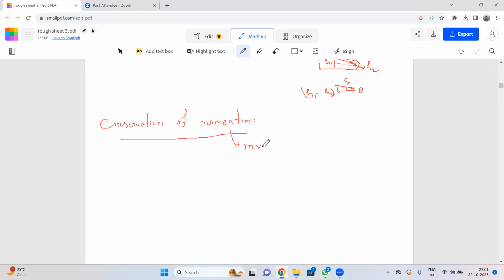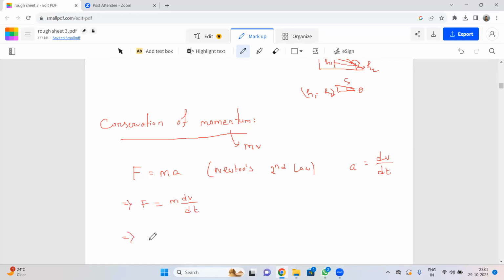Now, what we know from Newton's second law is that F is equal to ma. Now how can we write a? That a is dv/dt, right? So F is equal to m into dv/dt.